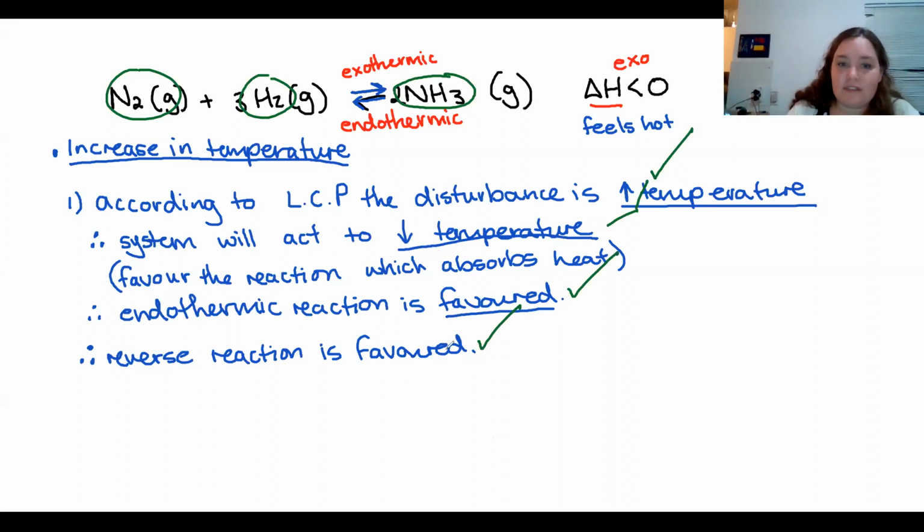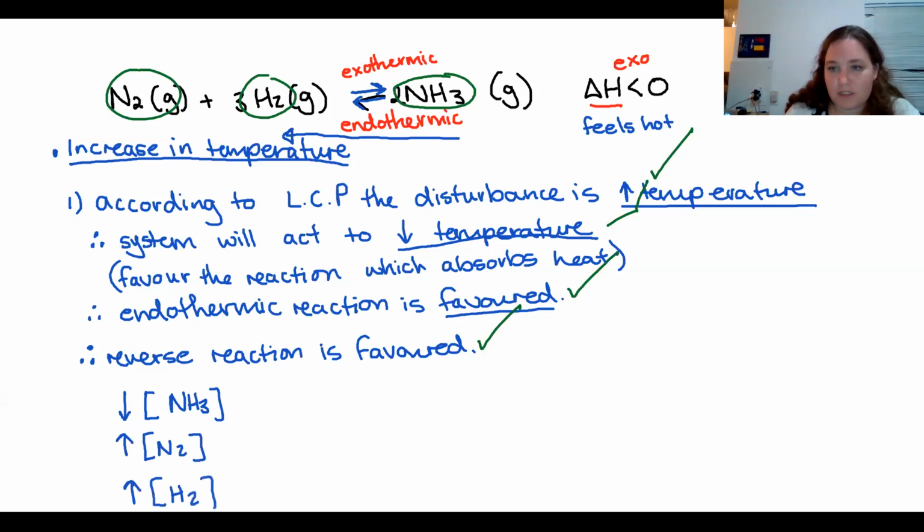So if the reverse reaction is favored, then we could be in a situation where there is a decrease in the concentration of ammonia, because ammonia is being broken down into nitrogen and hydrogen. The next thing is, if ammonia is being broken down, then there'll be more nitrogen and more hydrogen because we're reproducing them.